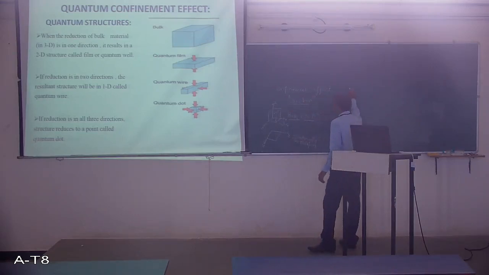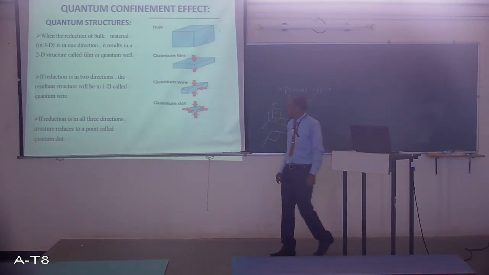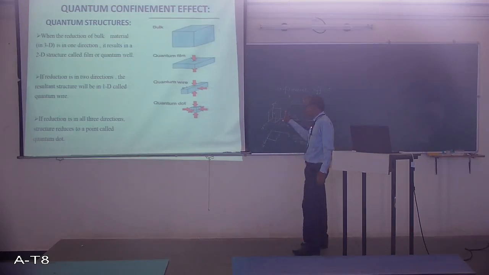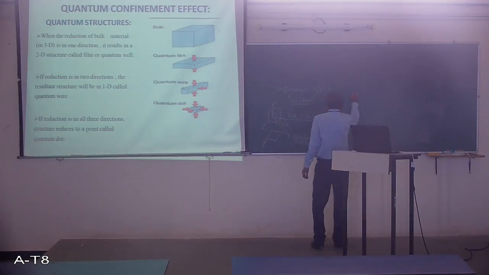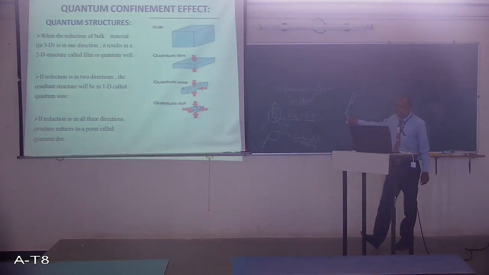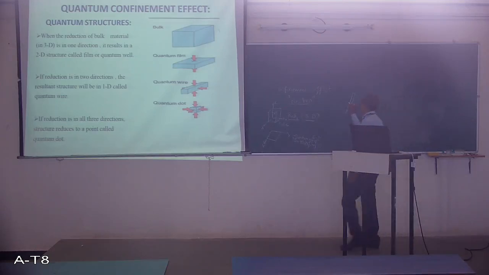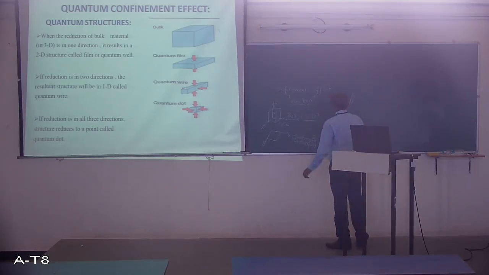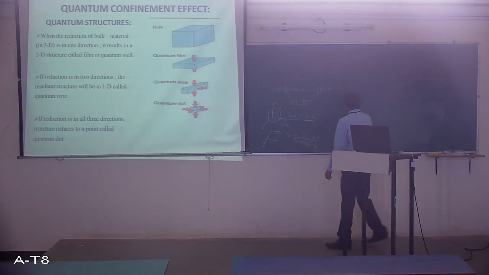Next, if you reduce again in the bulk material, reducing the z as well as the y coordinate, it gives only the x coordinate. We extend only one coordinate and the remaining two coordinates we confine.